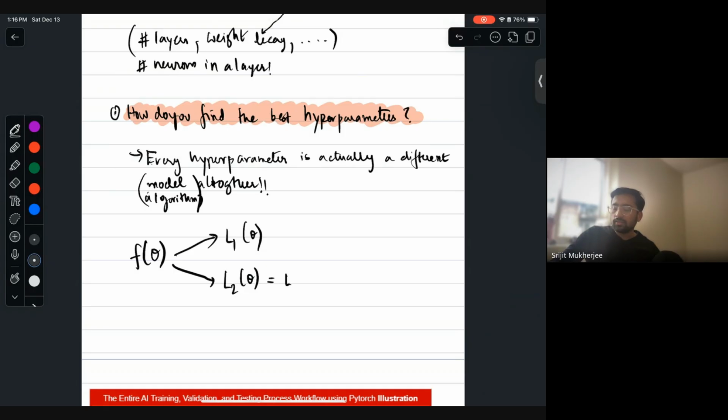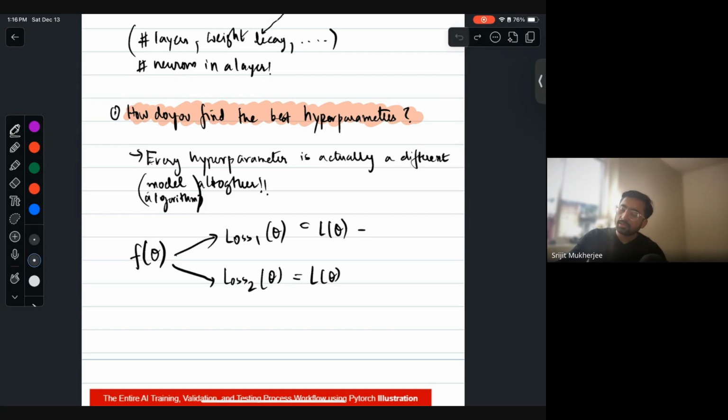You can have loss 1, loss 2, different model. So you can have the same loss, sorry, a different loss, but here you have nothing, and here you have lambda plus, let's say, weight decay.